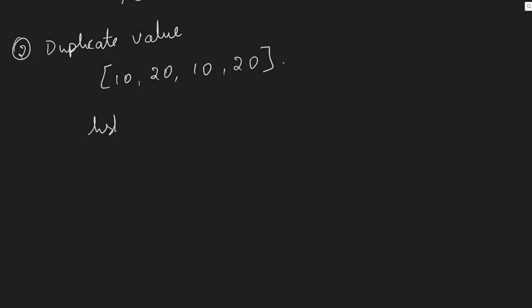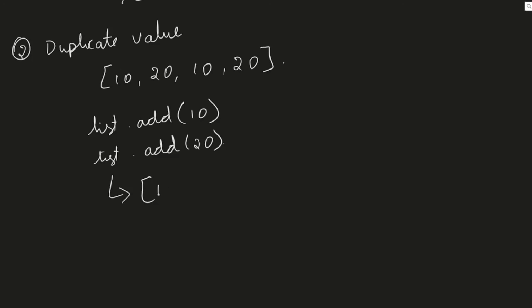We can insert one more duplicate of 10, even one more duplicate of 20. After these two lines, ArrayList becomes like this. They can hold multiple null values and multiple duplicates.